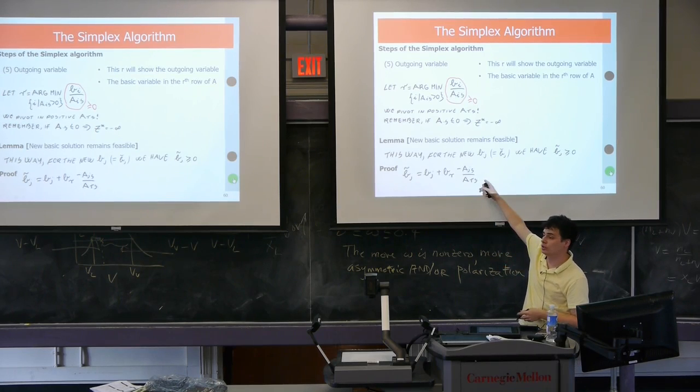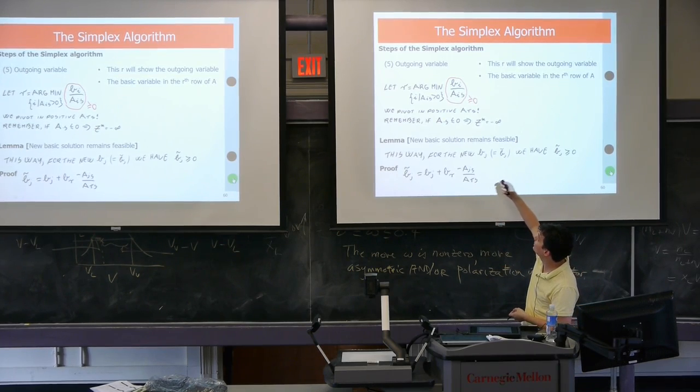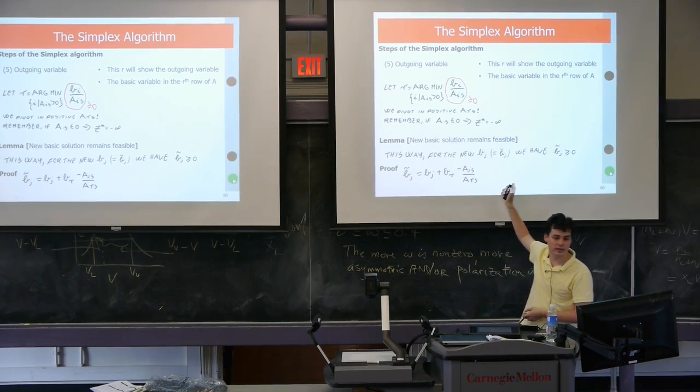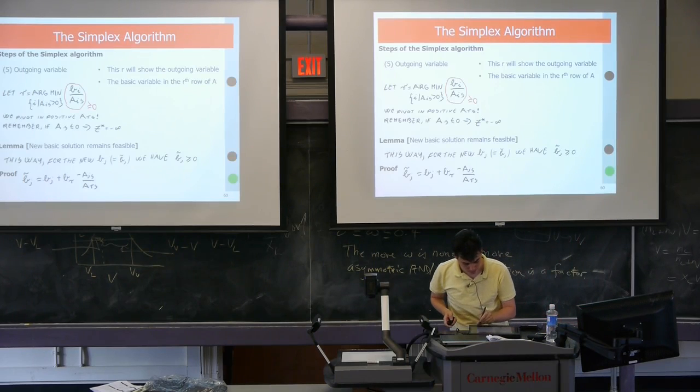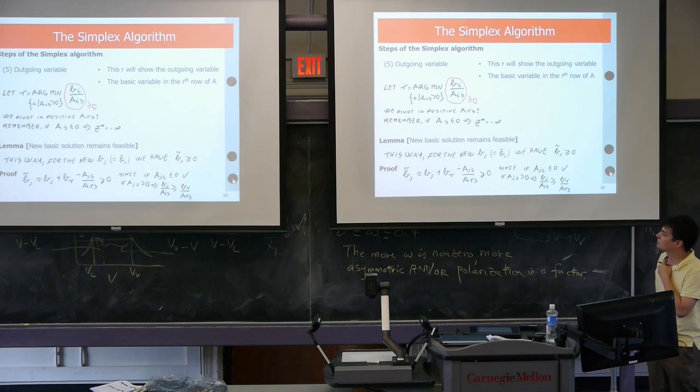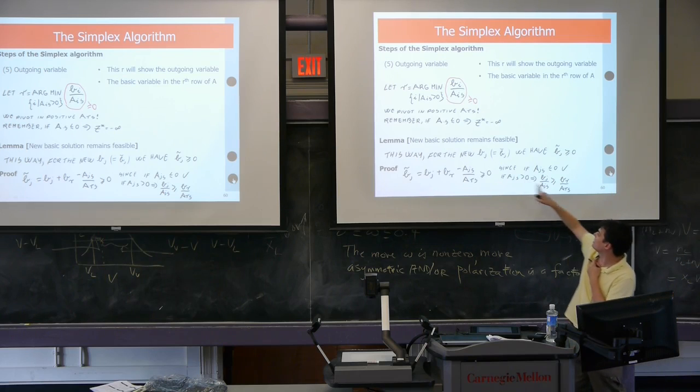This is just from the pivot. It's very easy to verify that that's the rule. And now you can see if we choose R according to this rule, then this new B tilde will be non-negative. So its proof is really just these two lines.